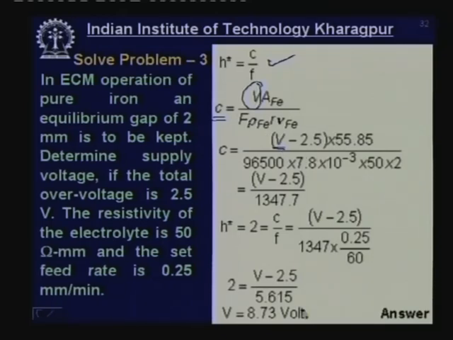In this way, you can find the voltage applied, which is 8.73. Here, there is only one area where you may face a problem. The overvoltage was given as 2.5 volt, so the actual voltage is V minus 2.5 volt, and from that expression you have to get the actual voltage.